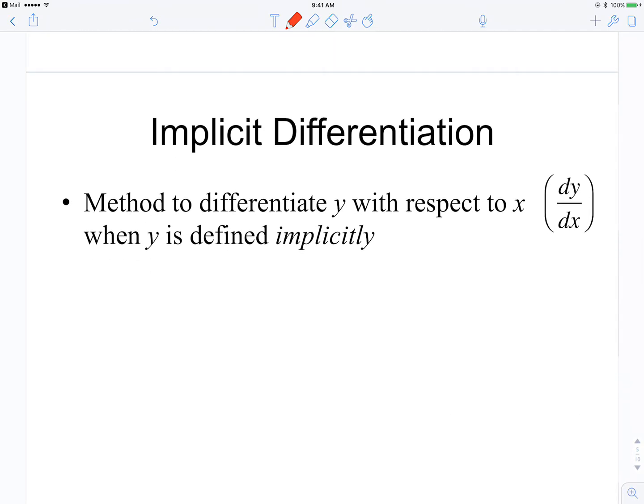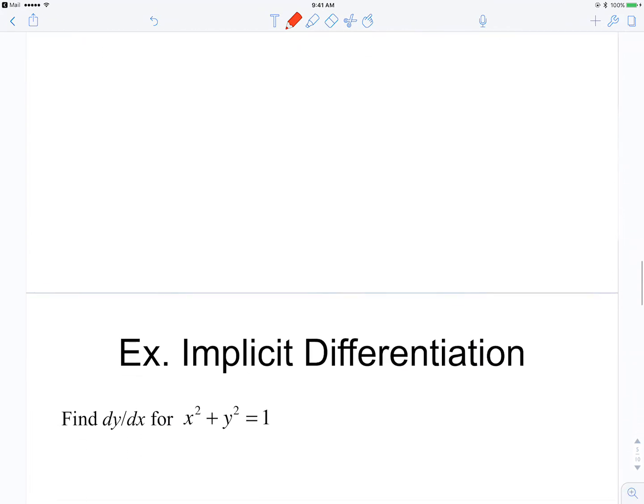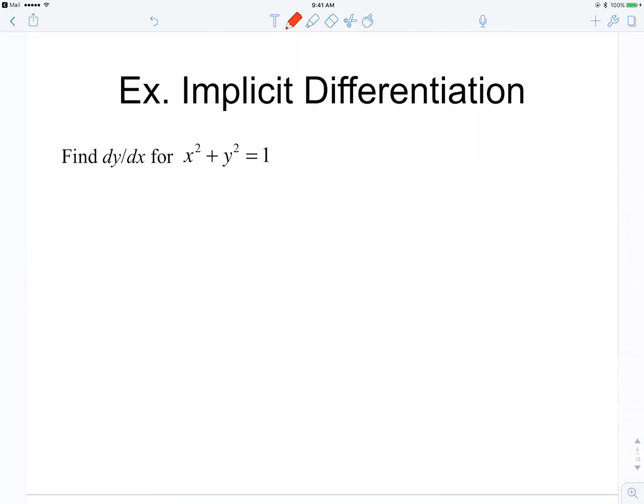To do this, we're going to differentiate each side of the given equation with respect to x in hopes of finding dy over dx. So if we take that equation of the circle centered at the origin with a radius of 1, our first step is to show that we're taking the derivative with respect to x of each side of the equation.